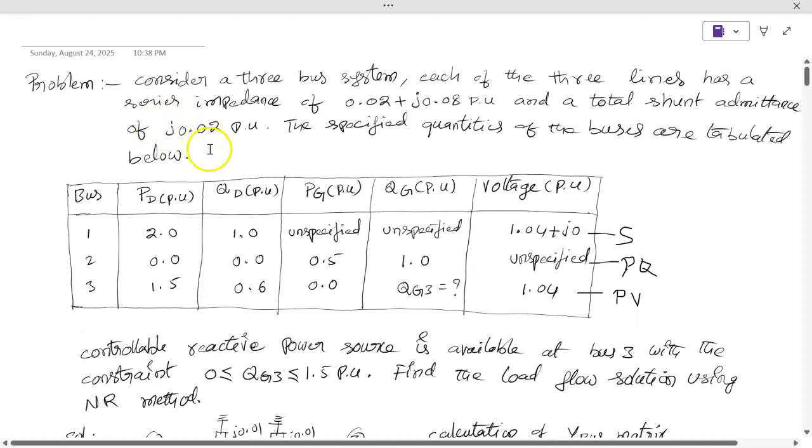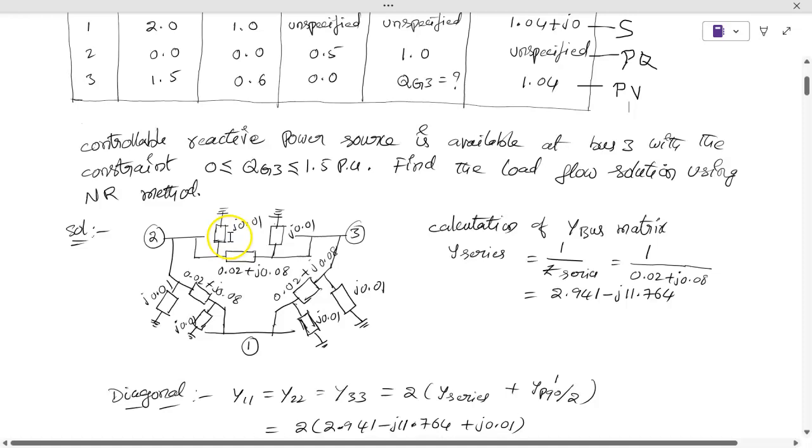So half of this, that means j 0.01, we need to assign on this side, and another half on this side. That means this is jy by 2, again this is jy by 2. Y, the shunt admittance of the branch, or ypq naught by 2. This is also ypq naught by 2. Similarly for all the lines, the same shunt admittance is given, and we represent it the same.